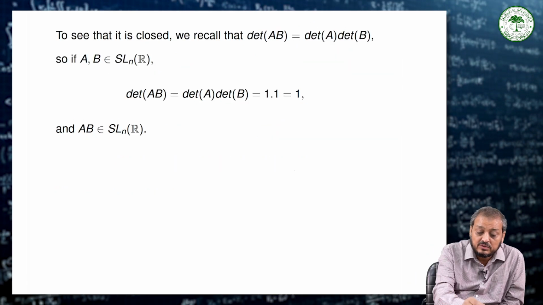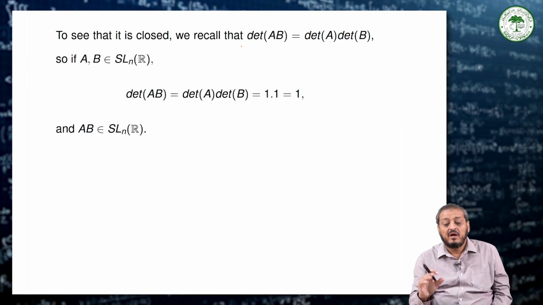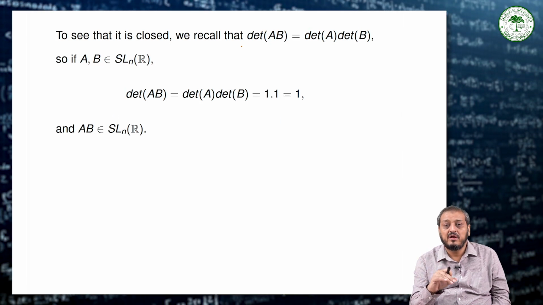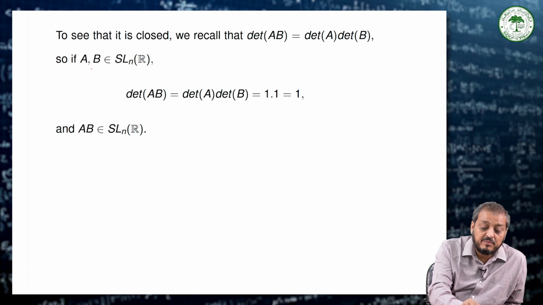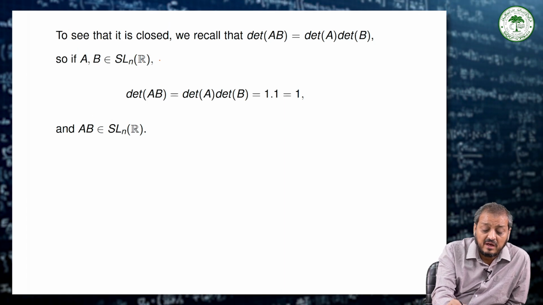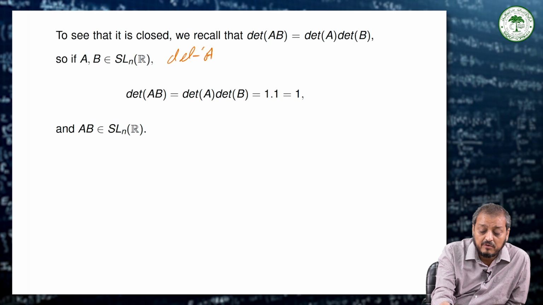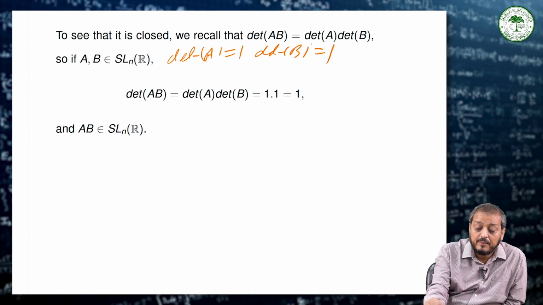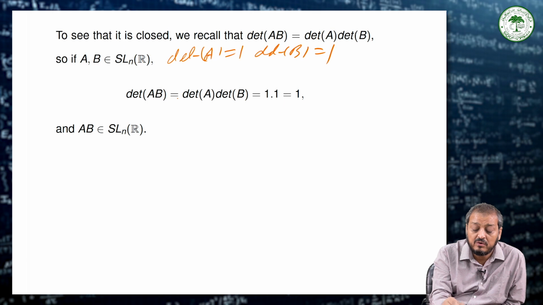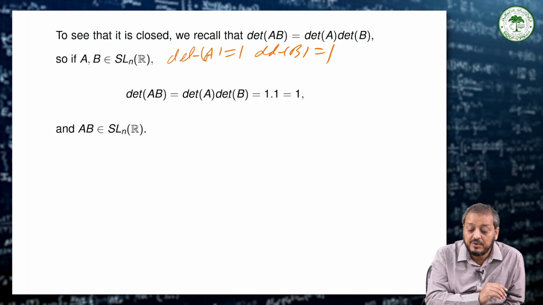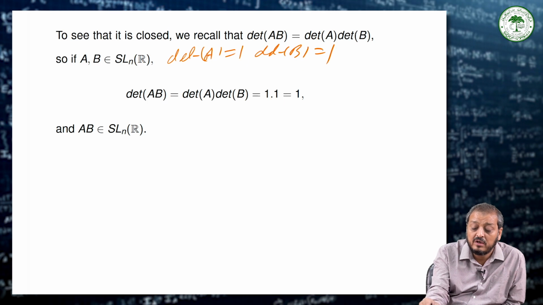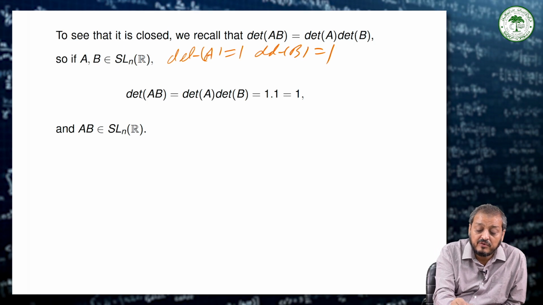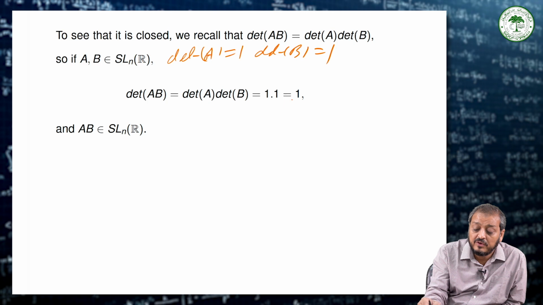To see it is closed, we recall the property of determinants: determinant of AB equals determinant of A times determinant of B. If A and B are elements of SLnR, then determinant of A is 1 and determinant of B is 1, so determinant of AB is also equal to 1.